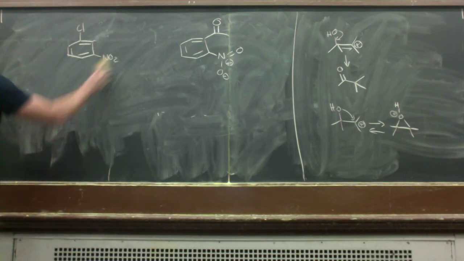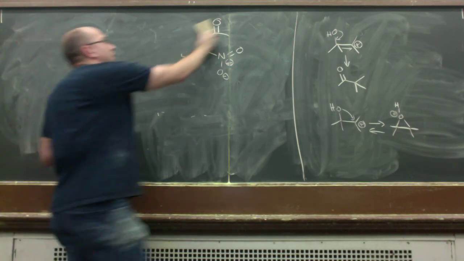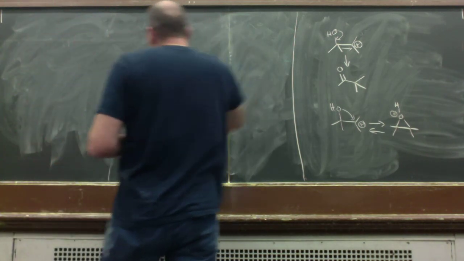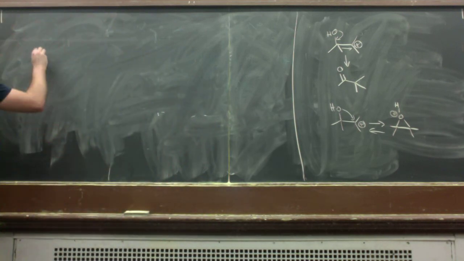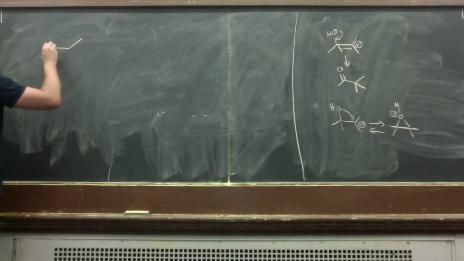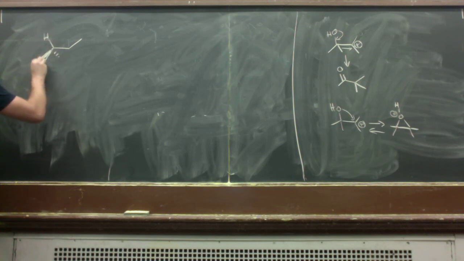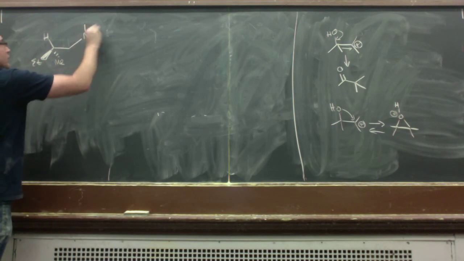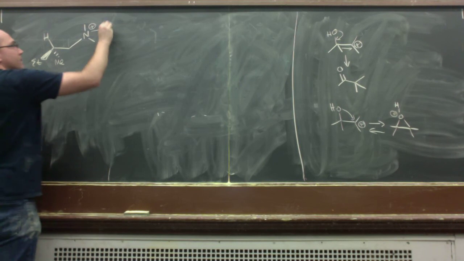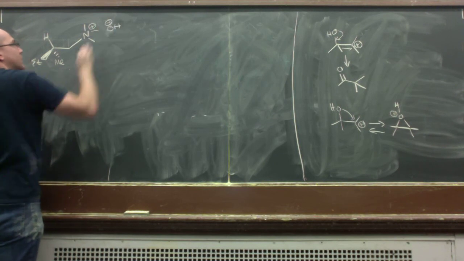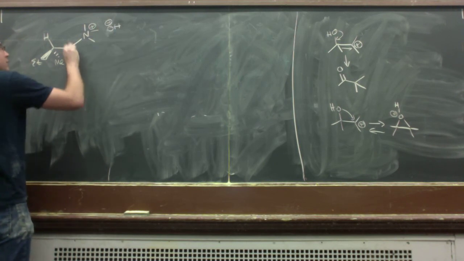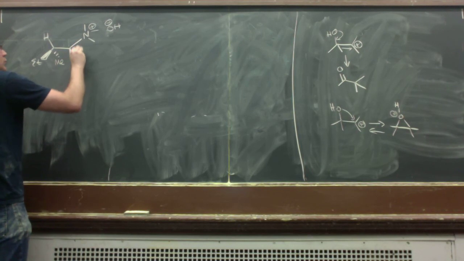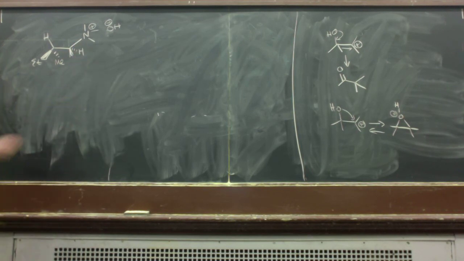Okay, so the question is stereochemistry of Hofmann and stereochemistry of Cope. And so these are instances where we have two different... so we've got our Hofmann elimination.